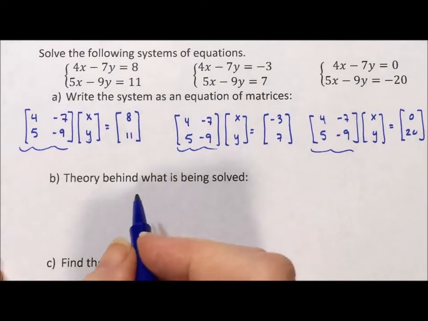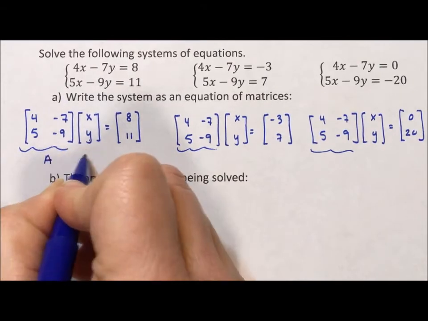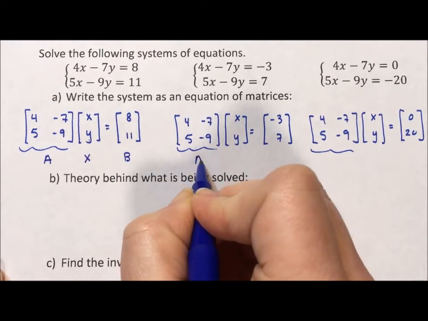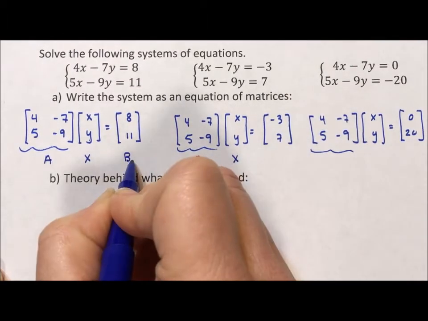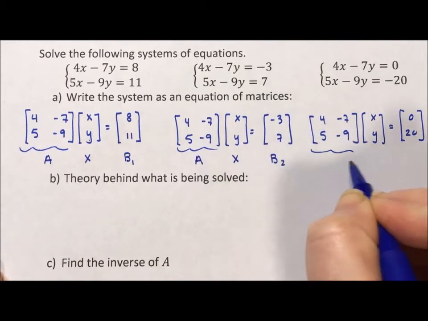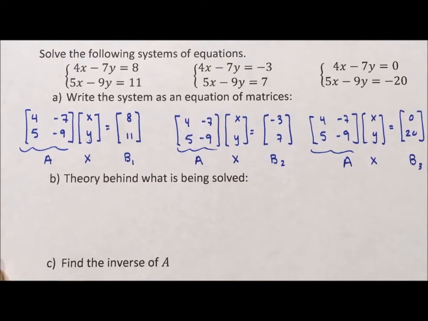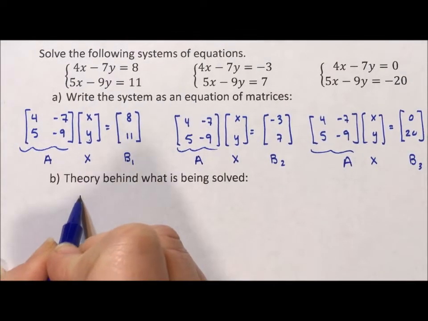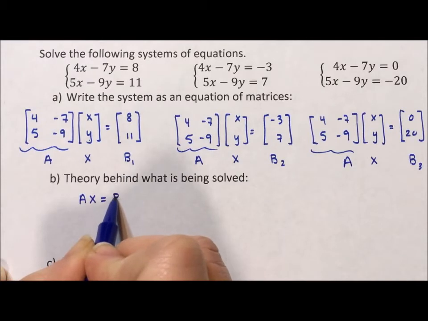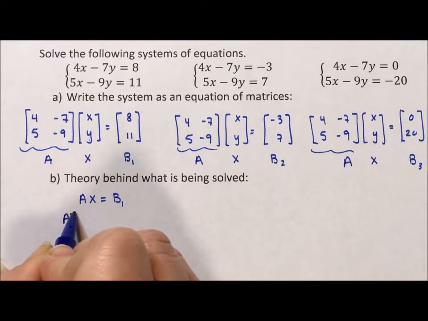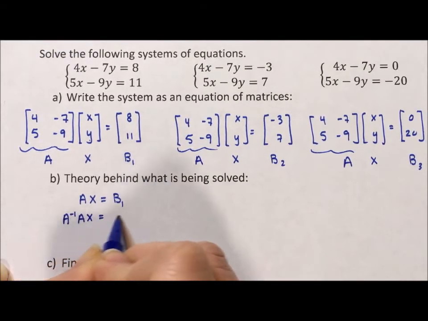So the theory behind what we're doing: we're going to call this matrix A, this X, and this B. This is the same A, the same X, but we'll call this the first B, the second B, and this is A and X and the third B. We're trying to say if A times X equals B, and we multiply both sides by the inverse, because you can't really divide by matrices, I get A inverse times AX equals A inverse times B1.